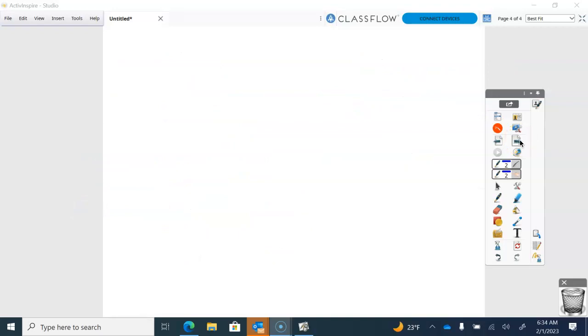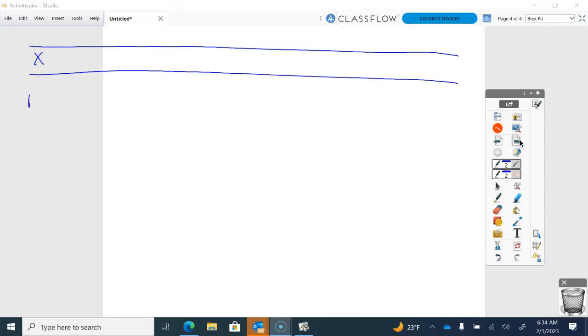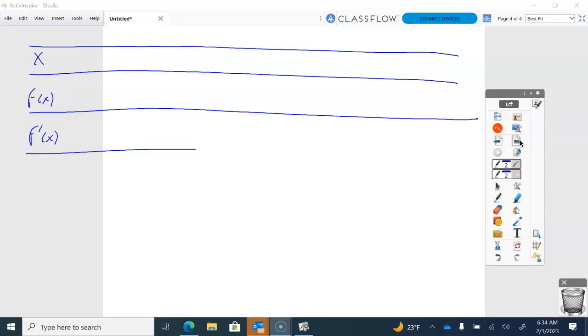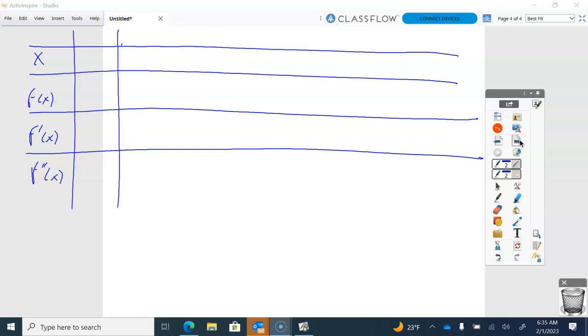And now I have all the pieces I need to put together a table of what's going on. Specifically, I know my x values, my f of x values, also called y values. I got my first derivative. What does it tell me? And my second derivative. What does it tell me? So here we go.